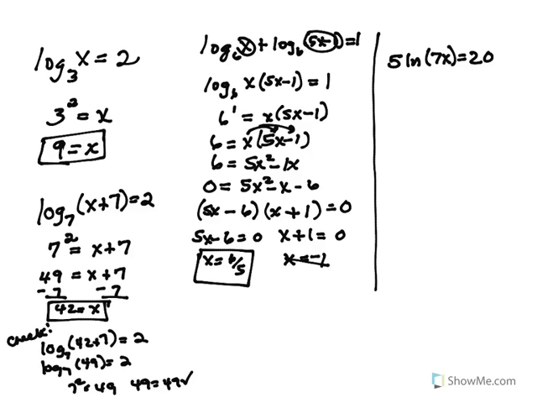So basically what I'm saying is the 5 has to move because you only want the natural log there, okay? You don't want a coefficient. So we're going to divide both sides by 5. All right? By doing that, I need to do something with this natural log.